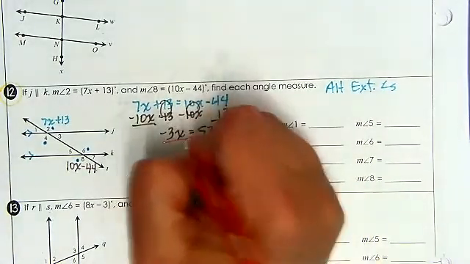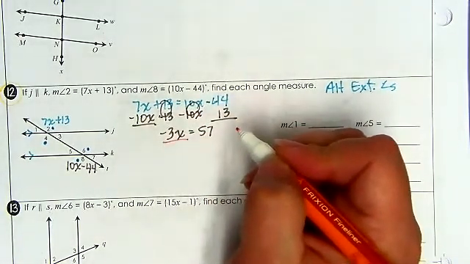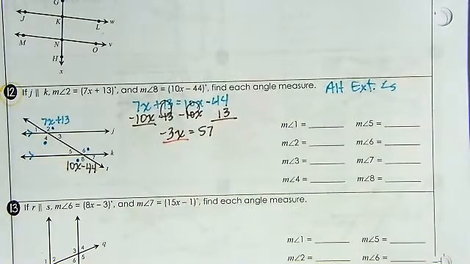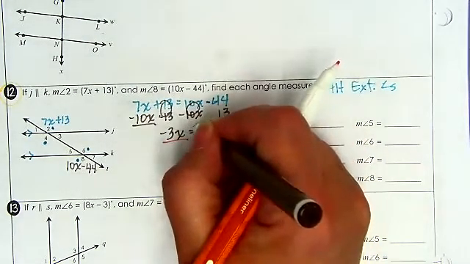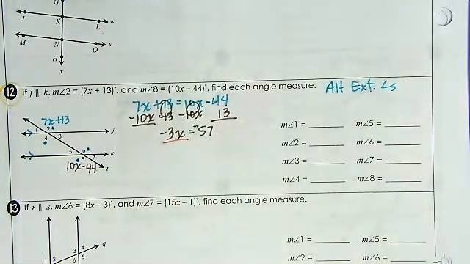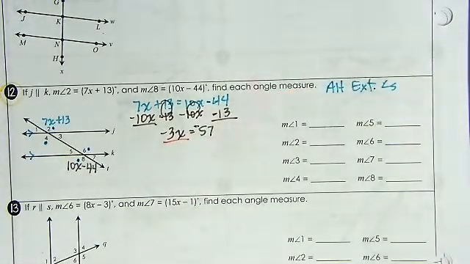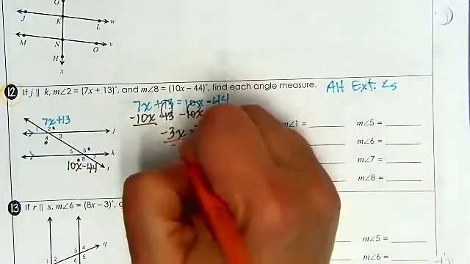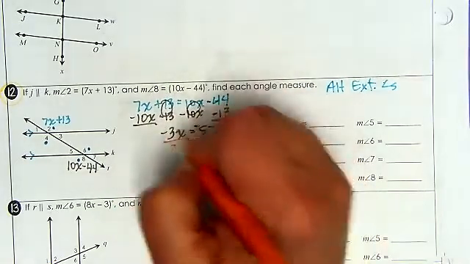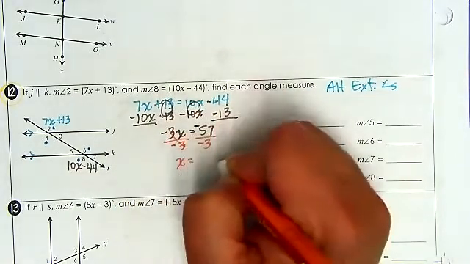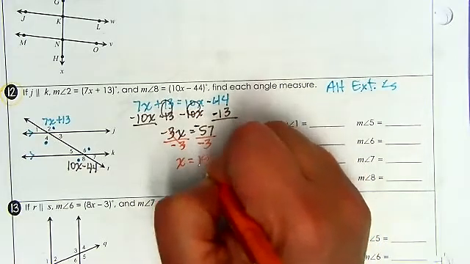Now I divide by negative 3 on both sides, and I get that x equals 19.